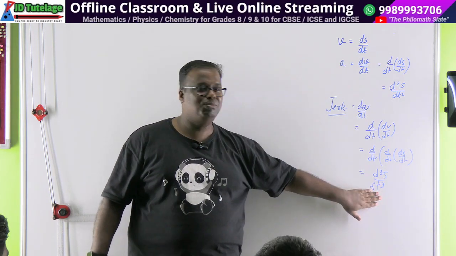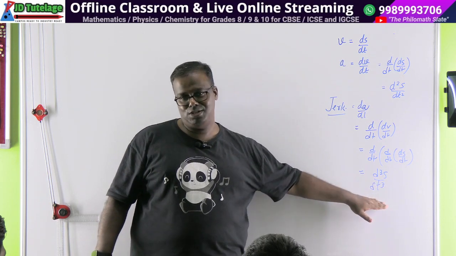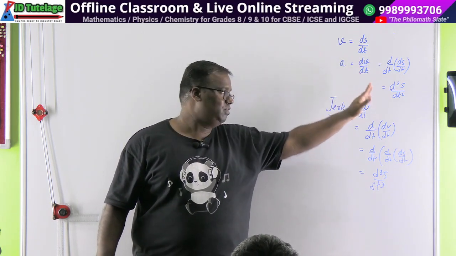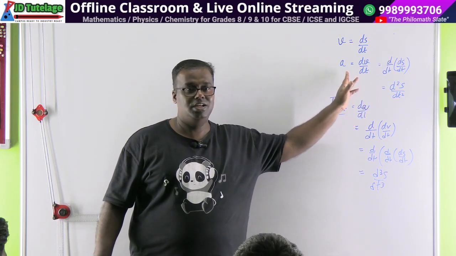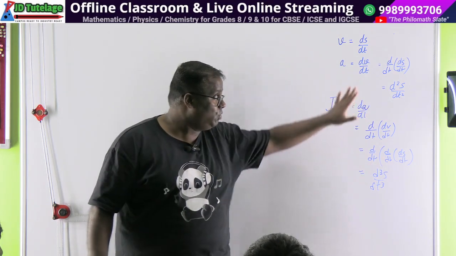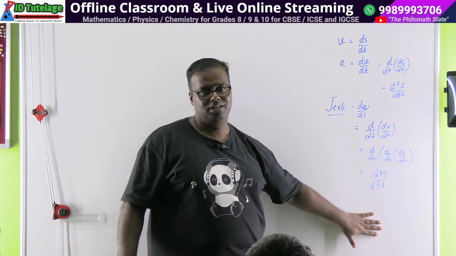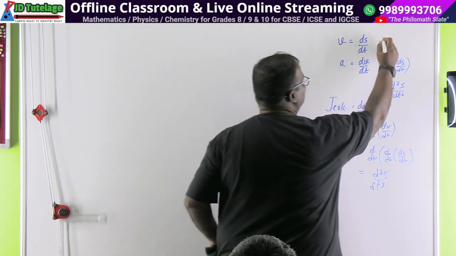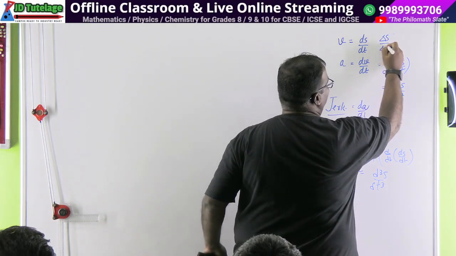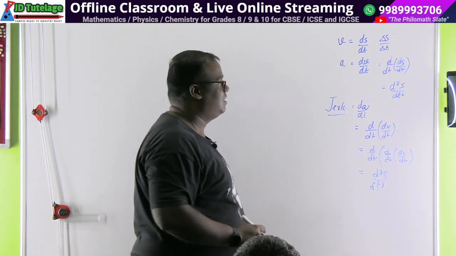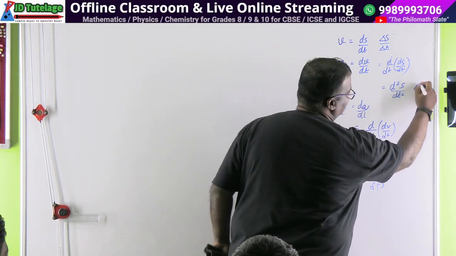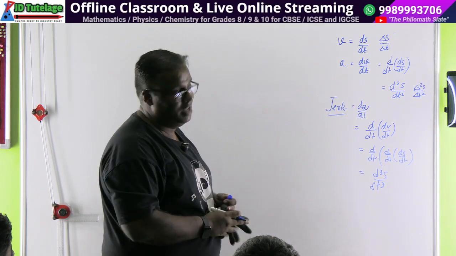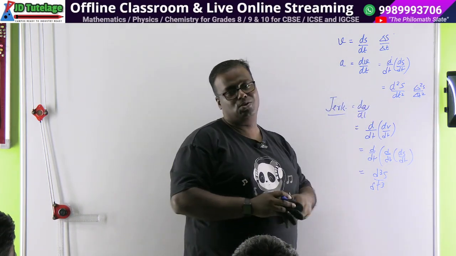बहुत लोगों को ये समझ में नहीं आता ये क्या है. Third derivative of displacement is called jerk. First derivative of displacement is velocity. Second derivative of displacement is acceleration. Third derivative is jerk. So if you want to understand this in 11, at this level you should at least understand delta s by delta t. ये कैलकुलस में जब आएगा, उसको समझने के लिए ये समझना जरूरी है.